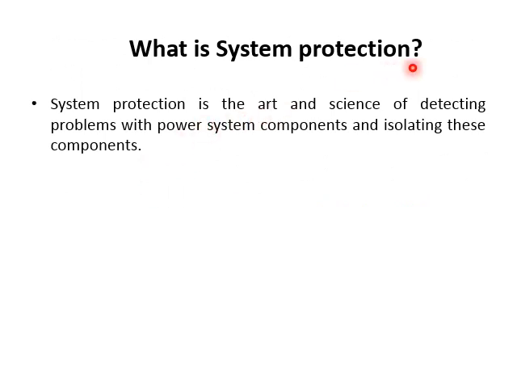What is system protection? System protection is the art and the science of detecting the problems with the power system components and isolating these components. So protection is needed not only against the short circuit but also against any other abnormal condition taking place in the power system.